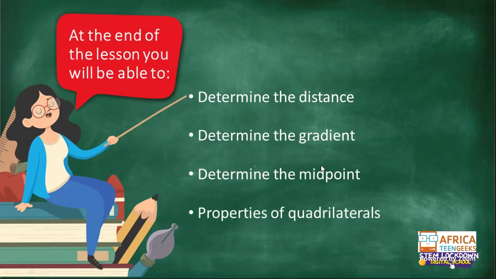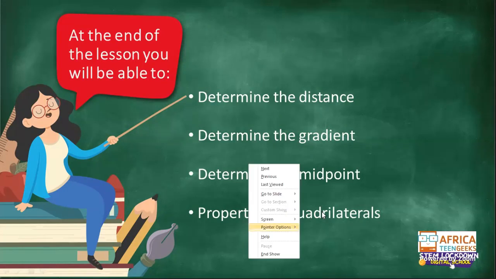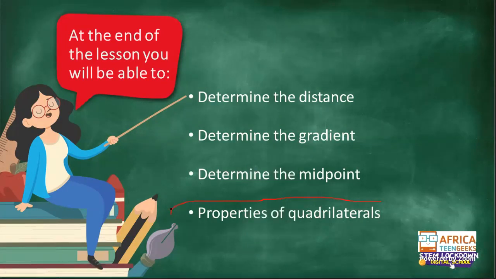It's always good to know the formulas in case you don't get them, and also the properties of quadrilaterals. So this you have to know, guys. Just revise your properties of quadrilaterals, your rhombus, your parallelogram, and all that. It will also be good to know properties of triangles, okay.